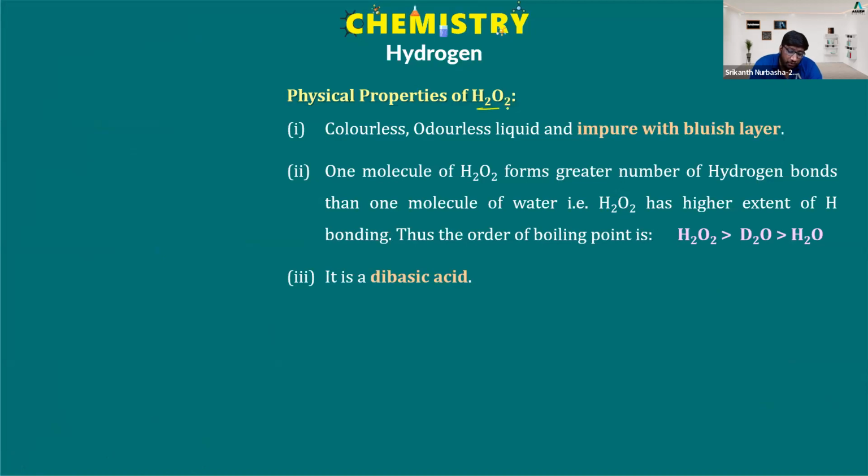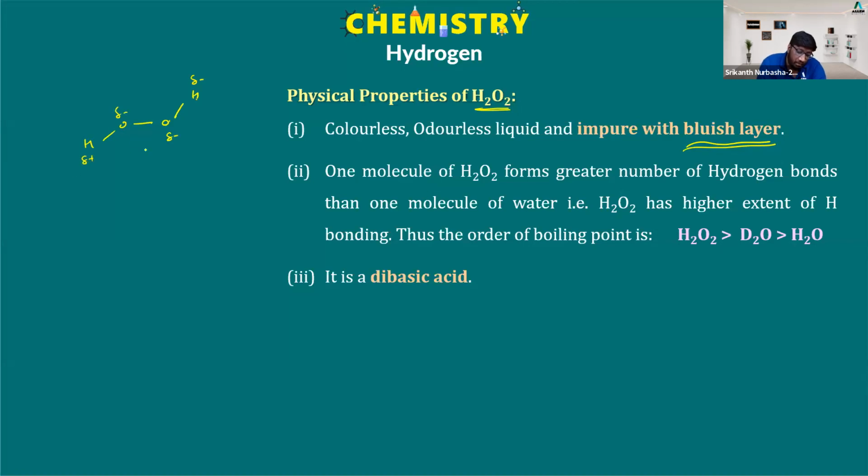So physical properties of H2O2: it is a colorless, odorless liquid and in impure form it has a bluish layer. One molecule of H2O2 forms a greater number of hydrogen bonds than one molecule of water. If you think of H2O2, you have this type of structure: partial positive charge, partial negative charge, partial negative, partial positive.